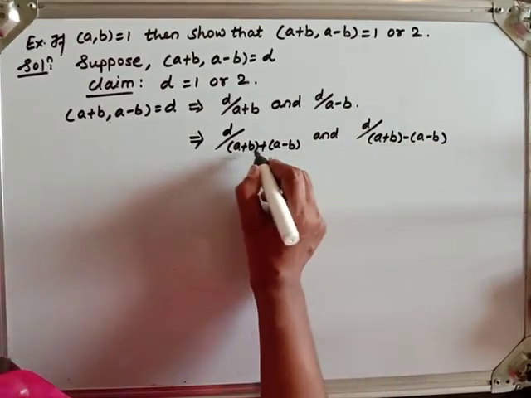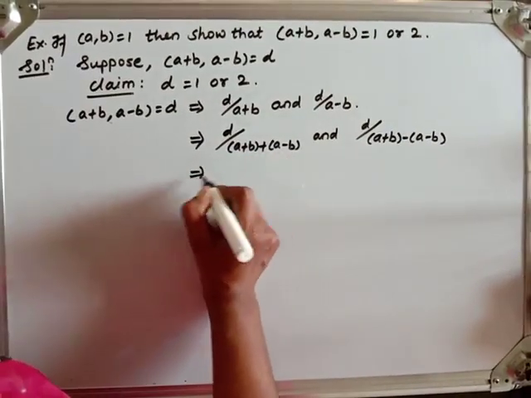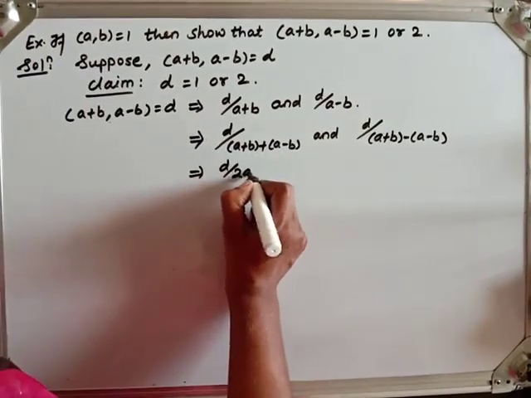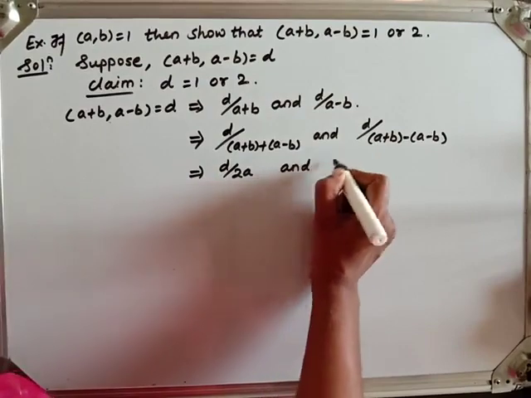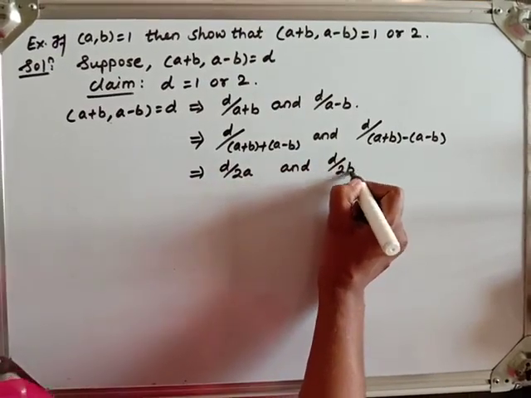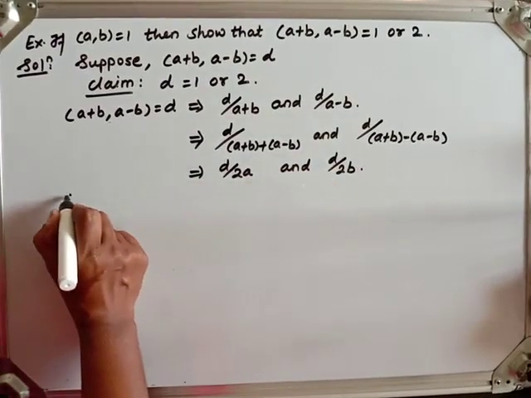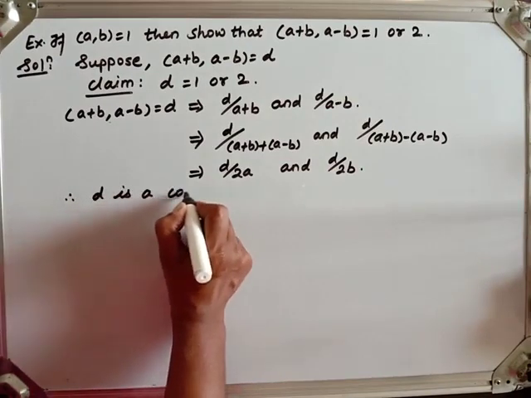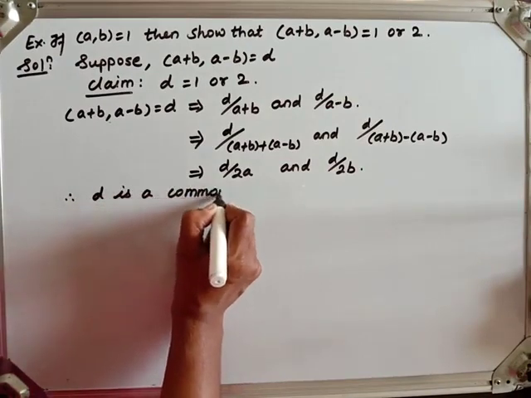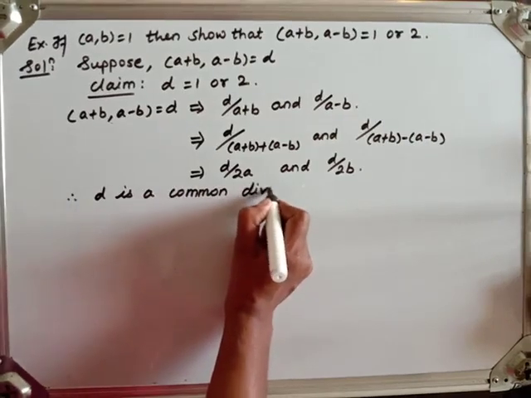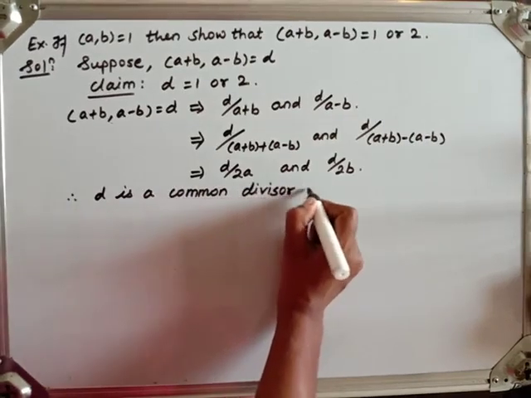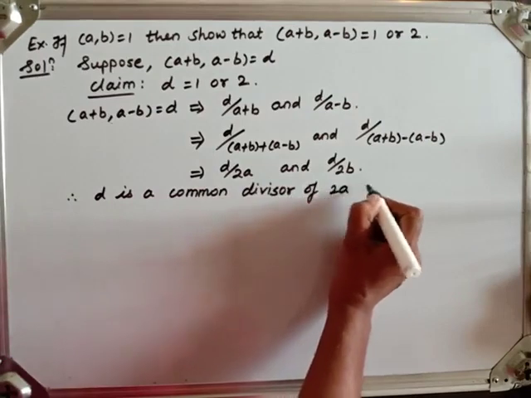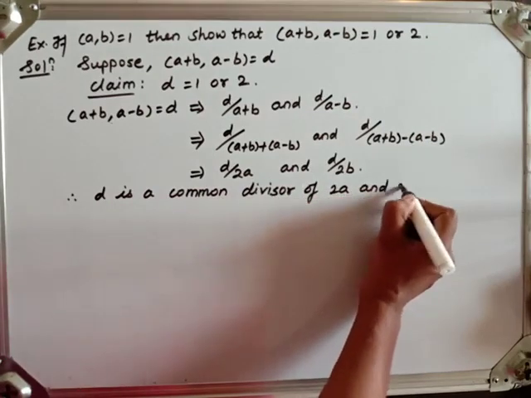So from this we get d divides 2a and d divides 2b. Therefore, d is a common divisor of 2a and 2b.